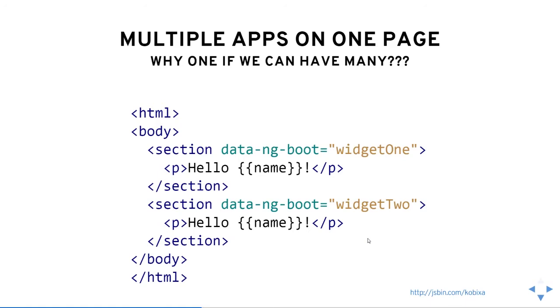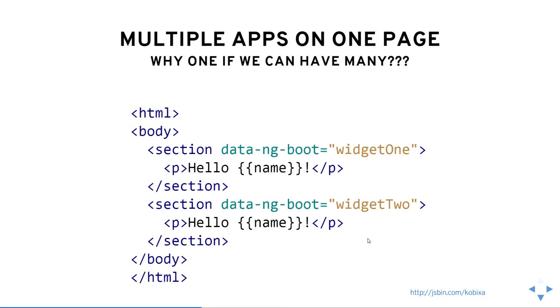You can, without any issues, have multiple Angular applications on the page. However, they wanted to prevent it in the auto bootstrap mechanism because you can easily mess it up. If you have two apps nested, then you will have a problem. But if you have them on the same level or even above, then it's no problem.